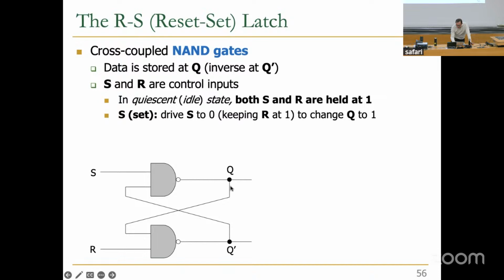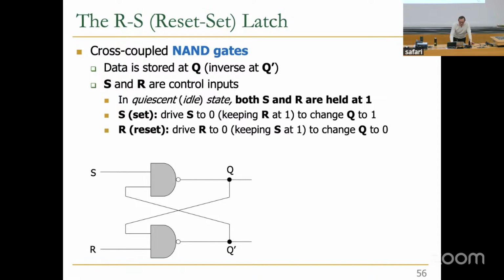Q becomes 1, and this is 1, R is 1. We said that, keeping R at 1. And this becomes 0. So we don't violate anything. That sounds good. So basically, if you want to set, you drive S to 0, and Q becomes 1, while keeping R at 1. Okay?